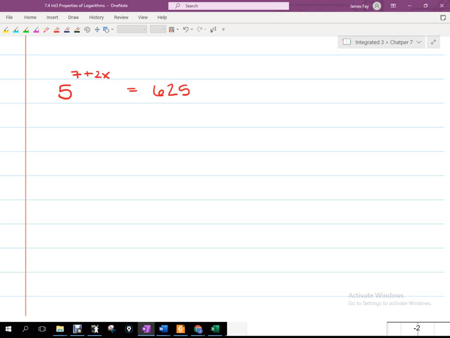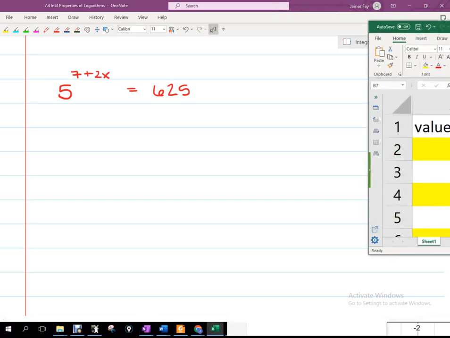Okay? So that's what I'm trying to get at, is that when we see things like this, a lot of times they'll be fair to you. They'll try to use a number that's a prime number. So then the only way that I can really make these bases the same is if I take 5, raise it to the first, 5 to the second, 5 to the third, 5 to the fourth, and try to find out when I get 625. Okay?